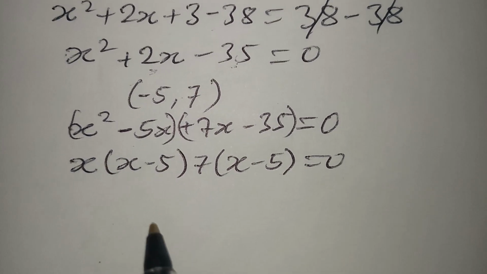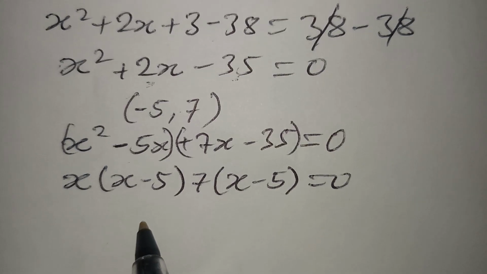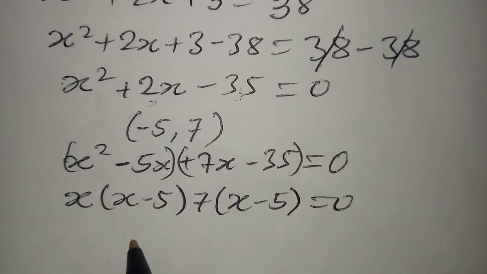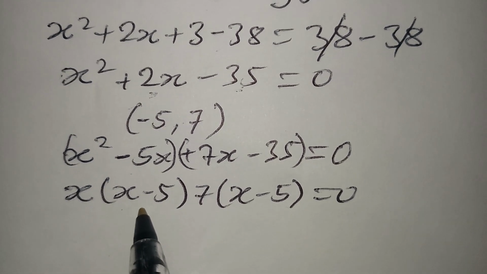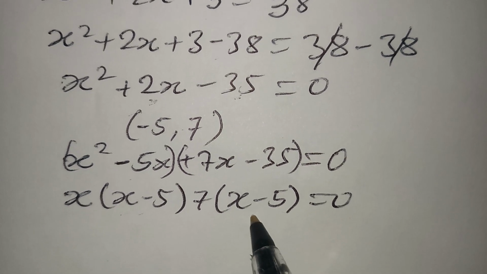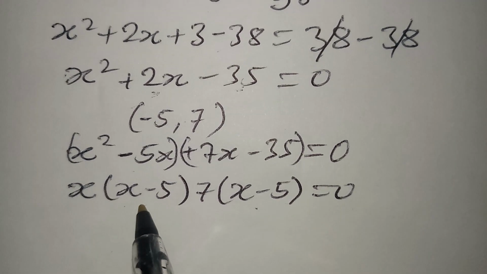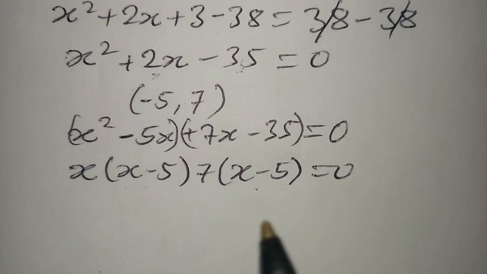So now, whenever you are performing the factorization method on a quadratic equation, you should always bear in mind that whatever you get in the first parenthesis should be exactly the same term in the second parenthesis. If you realize you are getting different terms, then you should know what you are doing is wrong.